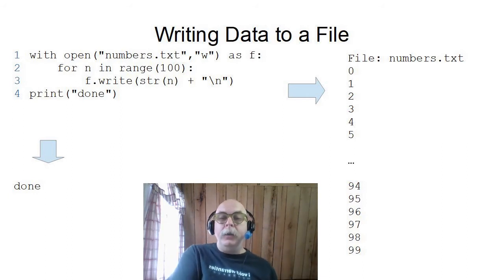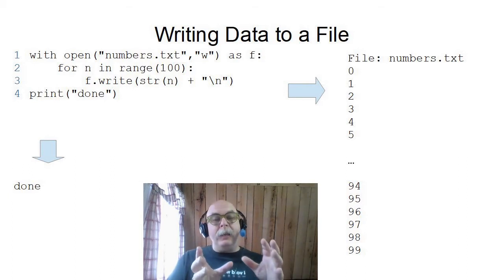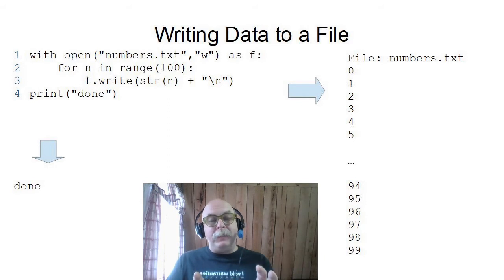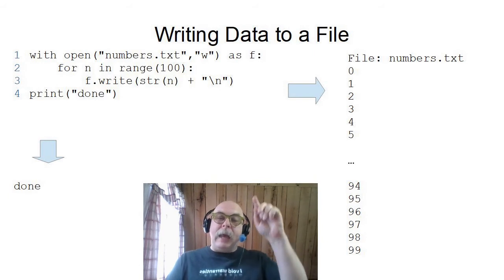On line 1, you can see I begin a context manager that says with open numbers.txt, comma, quote w quote. So it's going to open a file called numbers.txt, in the current folder where your program is saved, for writing. And it says as f.